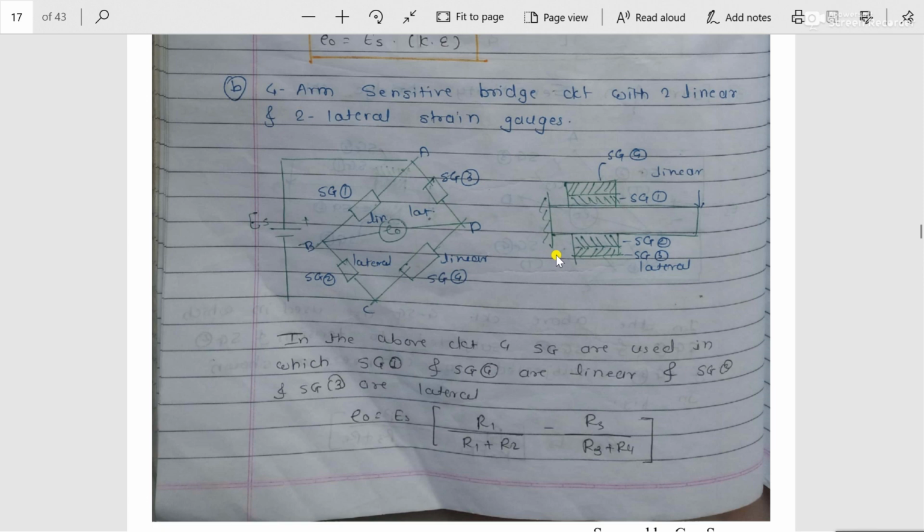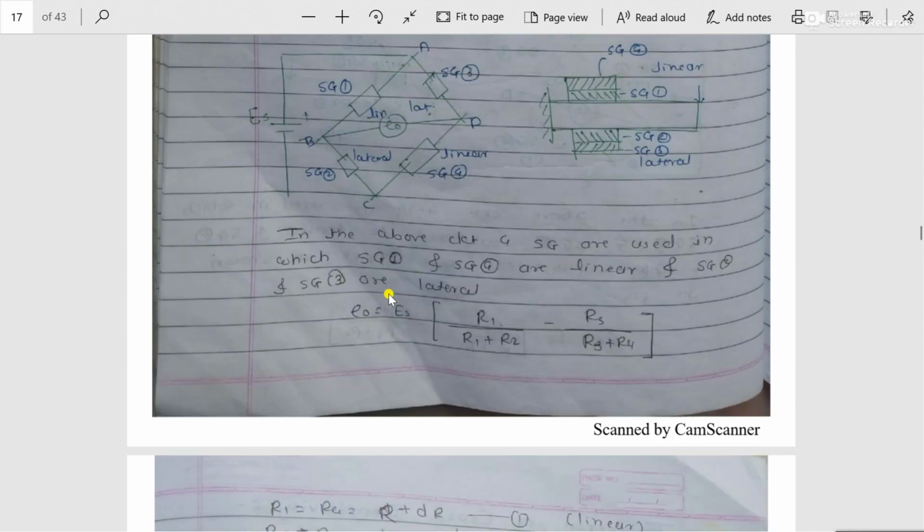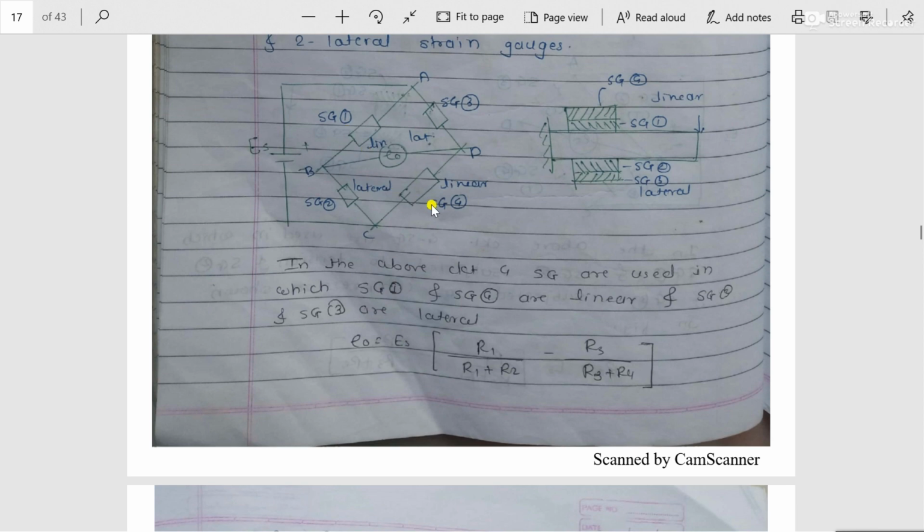So once again, as there are 2 linear strain gauges and 2 lateral strain gauges, I have to calculate the values of R1, R2, R3 and R4, and put those values in the E0 equation to calculate the output of this bridge circuit. So how are the values calculated? As we know, strain gauge 1 and strain gauge 4 are subjected to tension and both are linear strain gauges.